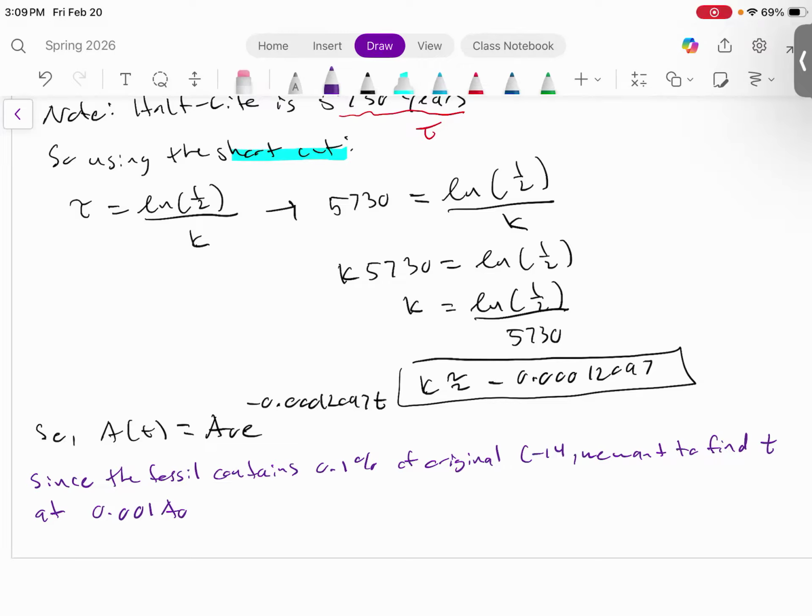Where am I getting this 0.001 from? Well, 0.1 is a percentage, so as a decimal it's 0.001 times the initial amount left.